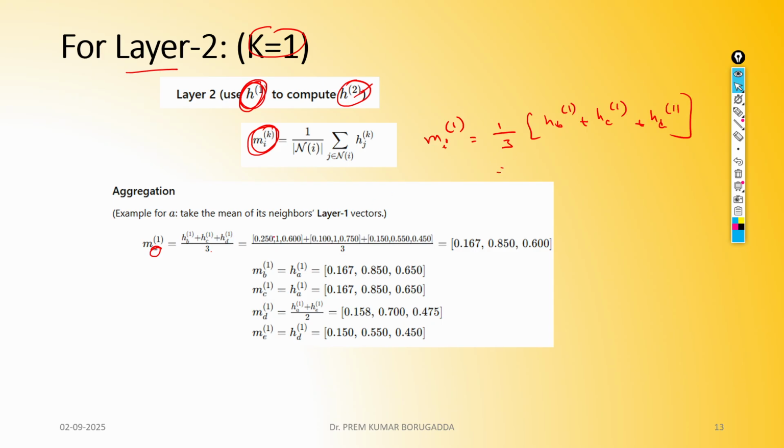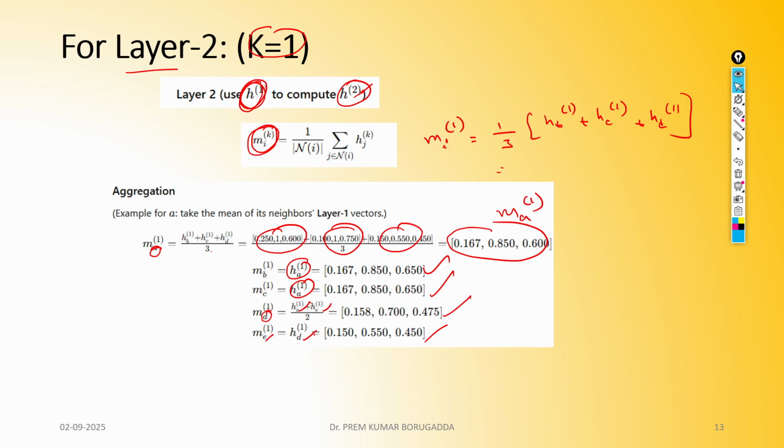So this is the HB of 1, HC of 1, HD of 1, and this is the MA of 1, this is the MB of 1, this is the MC of 1, this is the MD of 1, ME. Why? Because B has only one neighbor, C also only one neighbor, and for node D there are 2 neighbors A and E. For E only one neighbor, that is D. So this is the MA of 1, MB of 1, MC of 1, MD of 1, ME of 1 at layer 2.